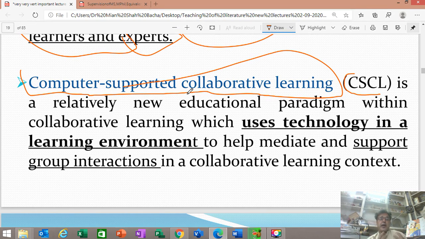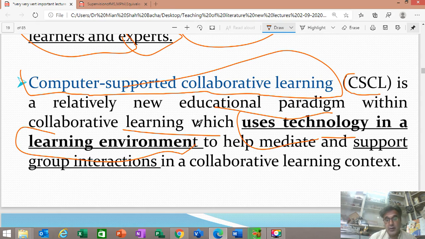CSCL is a relatively new educational paradigm within collaborative learning, which uses, remember, technology as a learning environment. And nowadays, due to this corona pandemic, we have become more familiar with technology, because technology brings us together, and we are getting connected with the help of this.